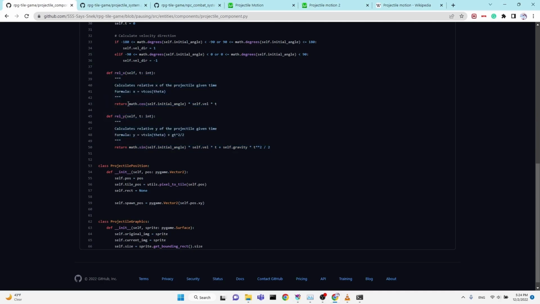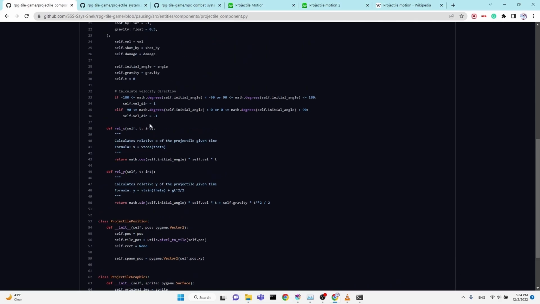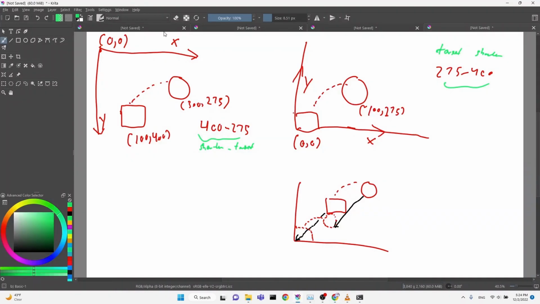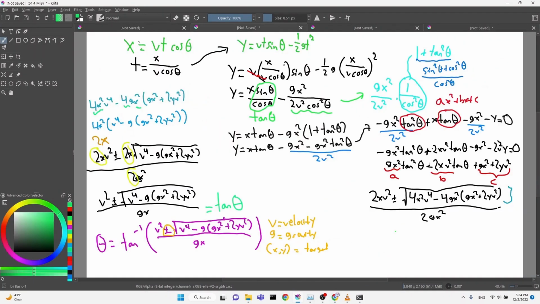If you'll notice, return math.cosine of the initial angle times velocity times t, and then the same for the y. Now, you'll see that this basically implements the formulas we talked about over here. X is vt cosine theta.